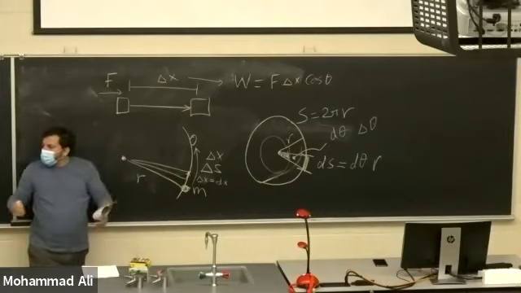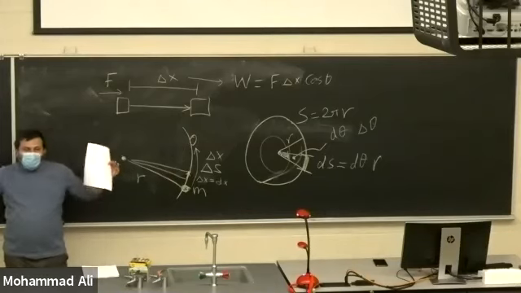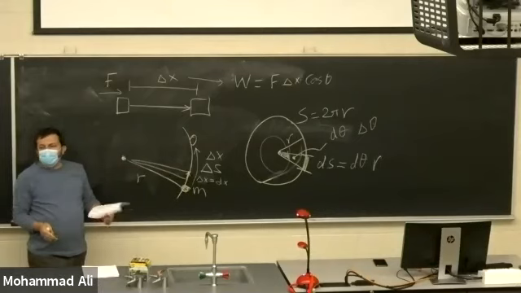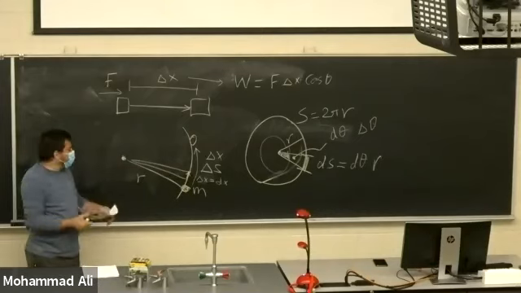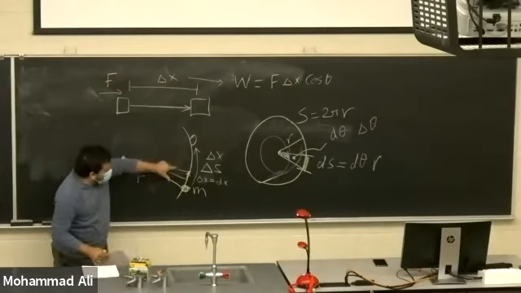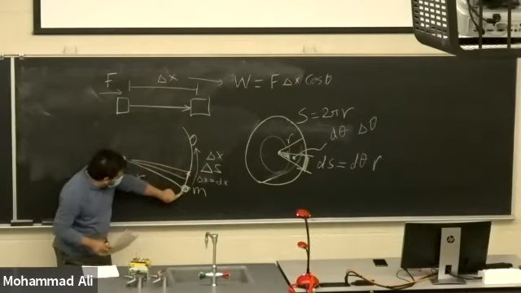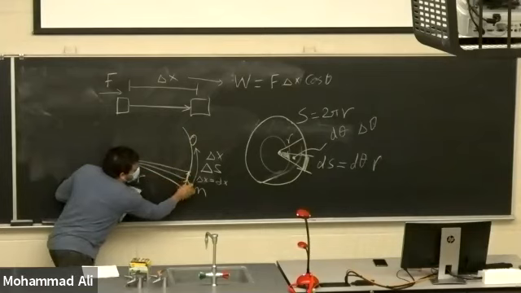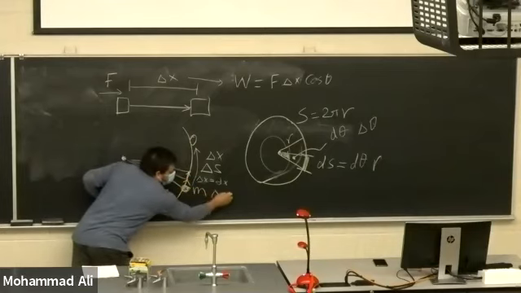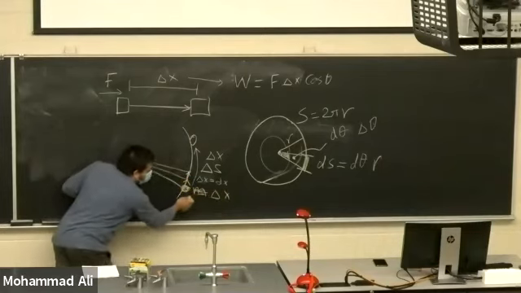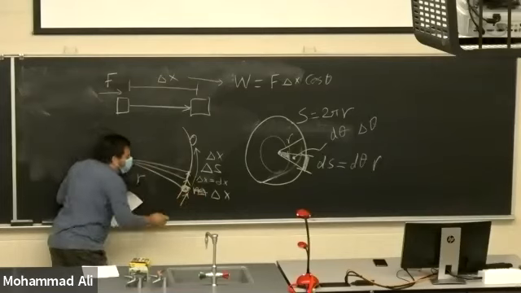But when we look at a small distance, we see it is straight, right? And we can now define the motion of this object, the displacement, delta x, okay? And this motion is because we have a force.